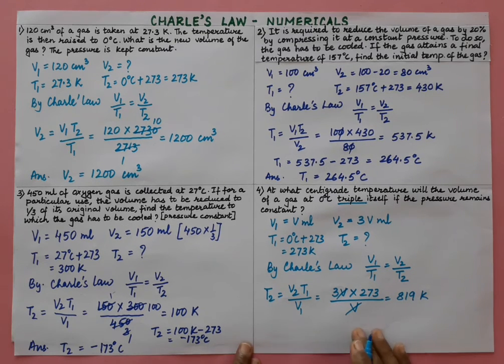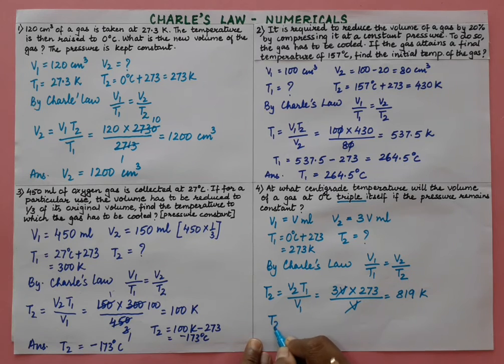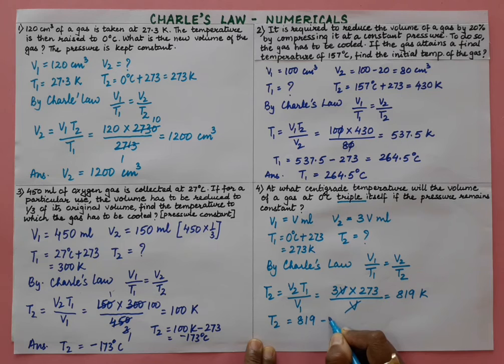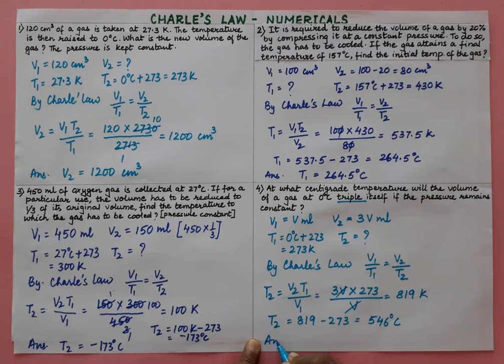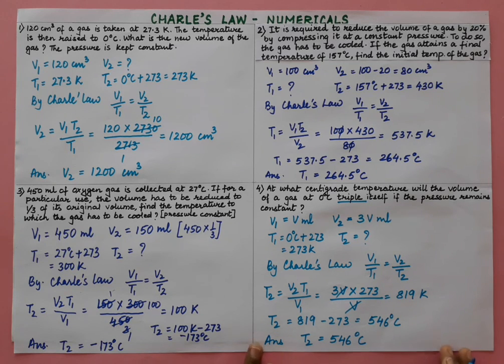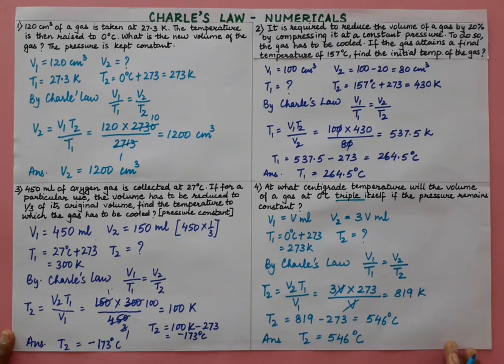T2 you have to convert into degree Celsius: 819 minus 273 gives 546 degrees Celsius. So your answer is T2 is equal to 546 degrees Celsius. This is how you will be solving the numericals. Thank you, students.